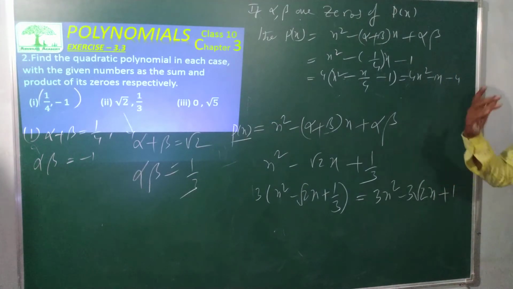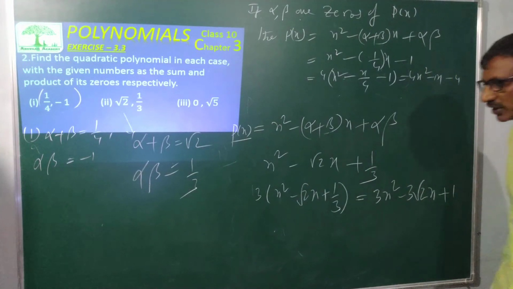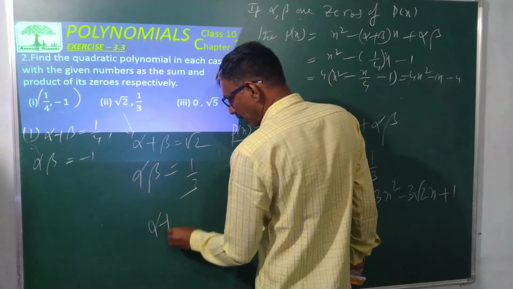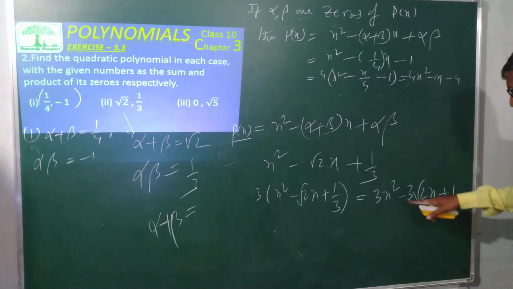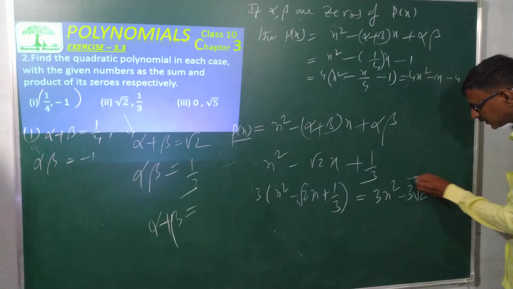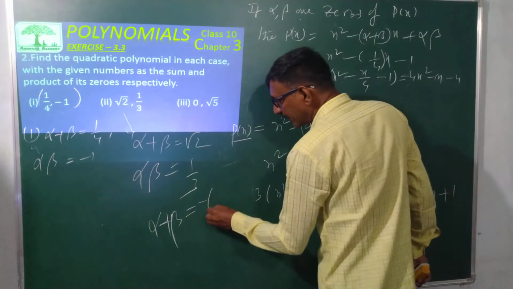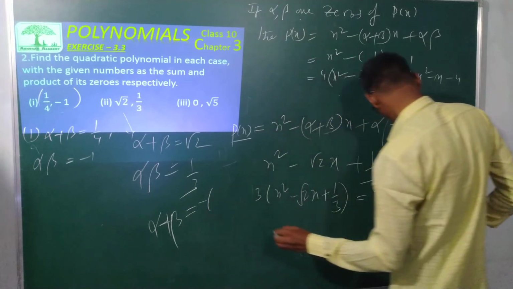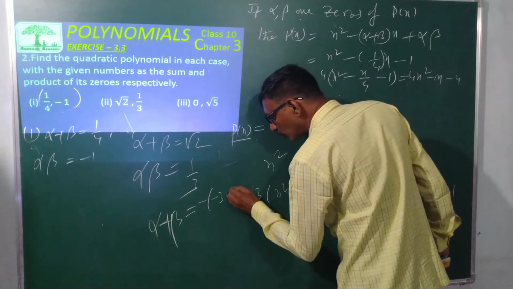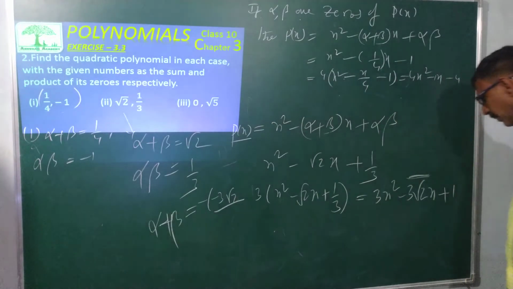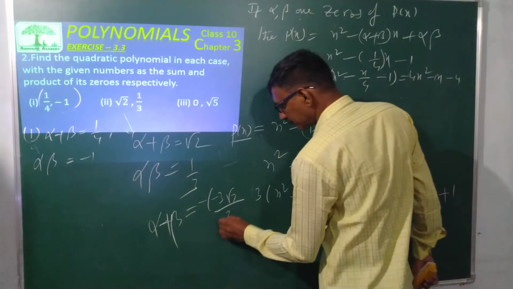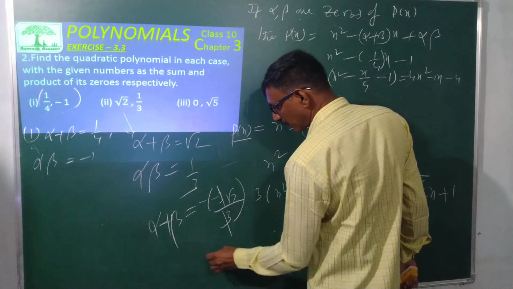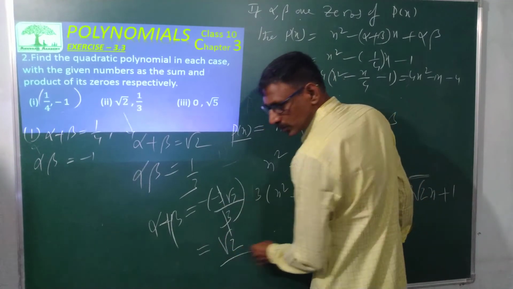Apply it. We already proved our sum of zeros. Alpha plus beta is equal to minus of x coefficient. Minus of x coefficient. My x coefficient is this one. Minus of minus 3 root 2 divided by my x square coefficient, which is how much? 3. 3 gets cancelled, minus of minus, plus root 2.